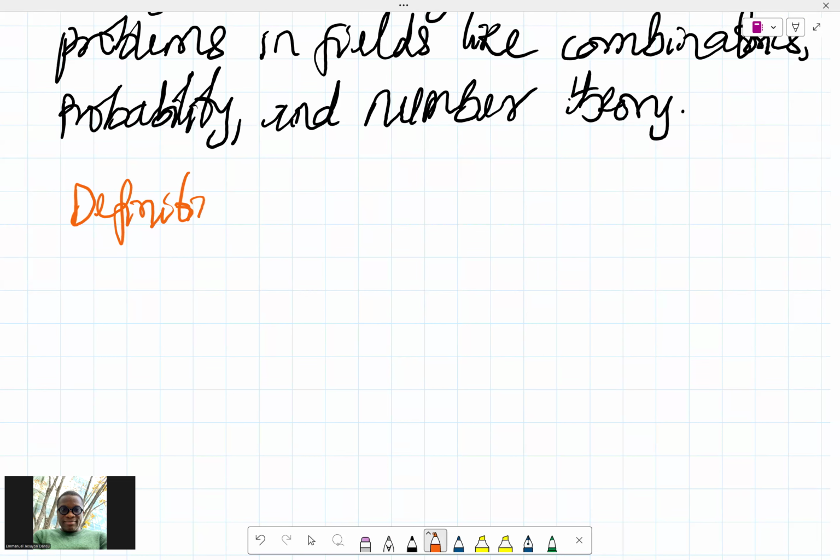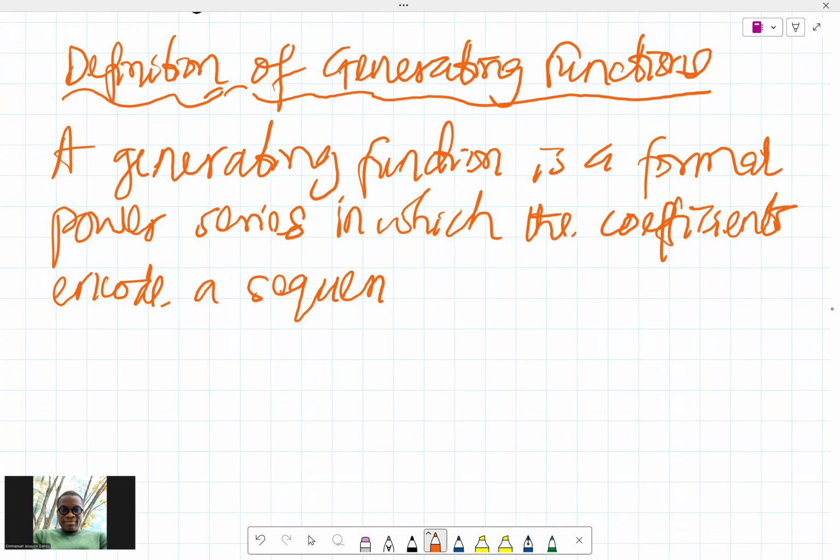Okay, so a generating function is a formal power series in which the coefficients encode a sequence of numbers.